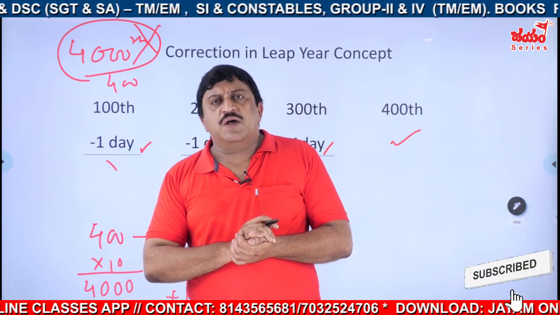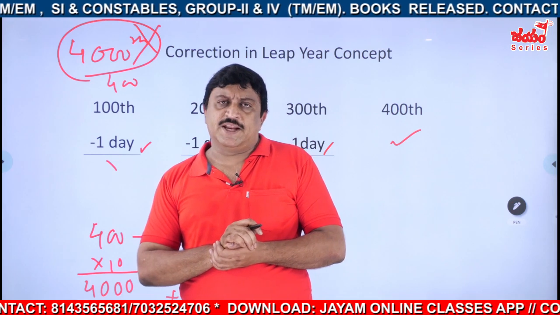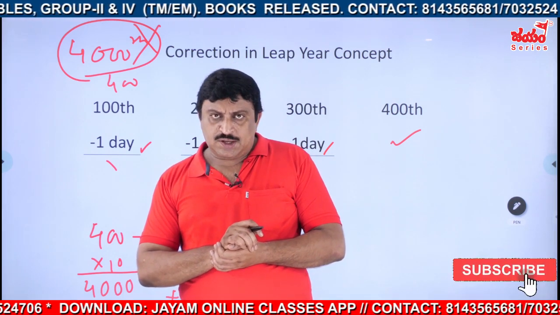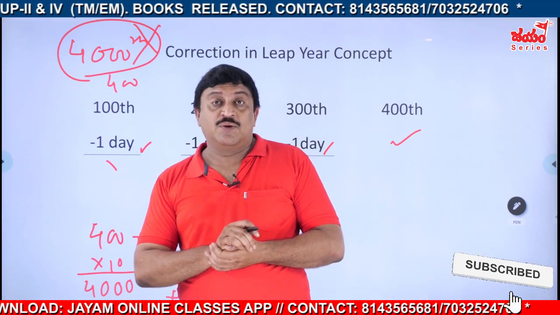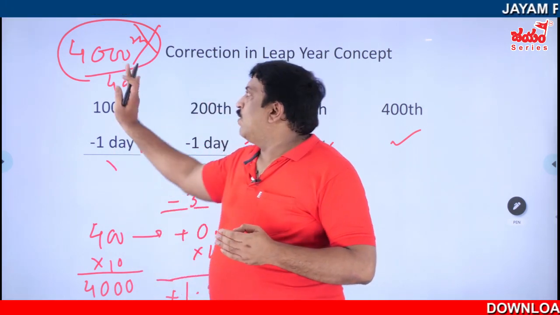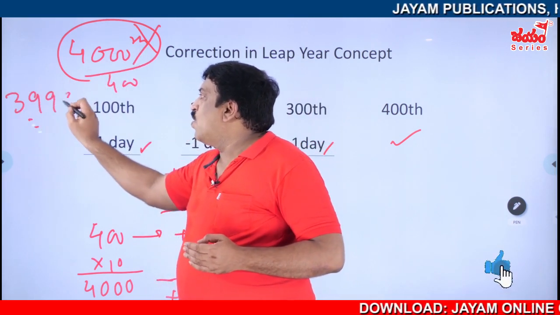For that reason, if you see any book in India regarding calendars, if they use the codes, the coding concept is something different. Anything that is there, they will go only up to 3,999, they say. They won't go beyond this.